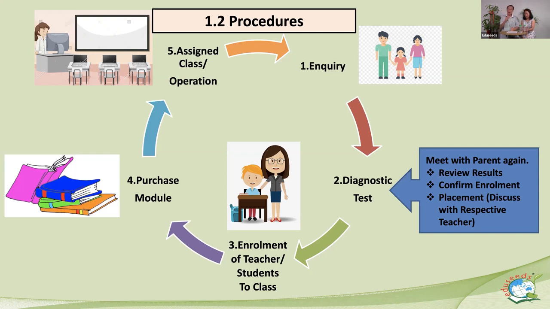So a child may be able to do some of the units in my year 1. Just for information, usually in year 1, the first 2-3 units are actually a repetition of their preschool work. So they may find that they can do year 1 book 1, book 2, book 3, and then book 5, book 6, they will have a challenge. In this case, don't jump them to book 5.